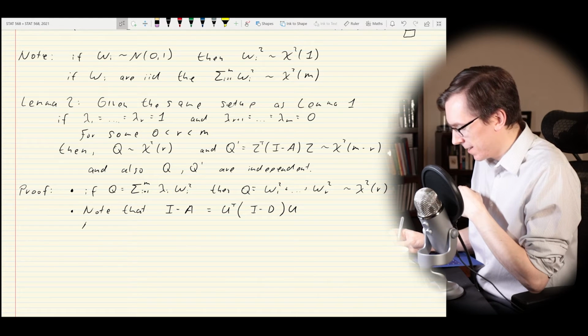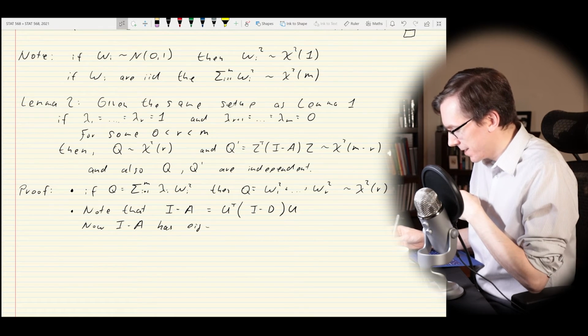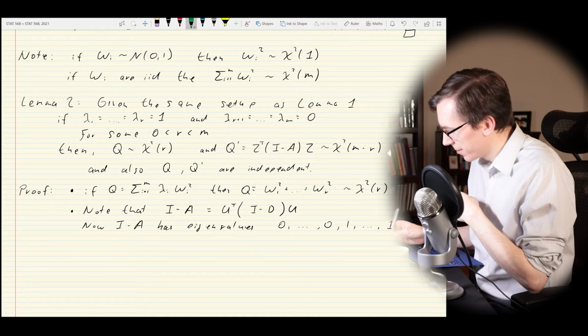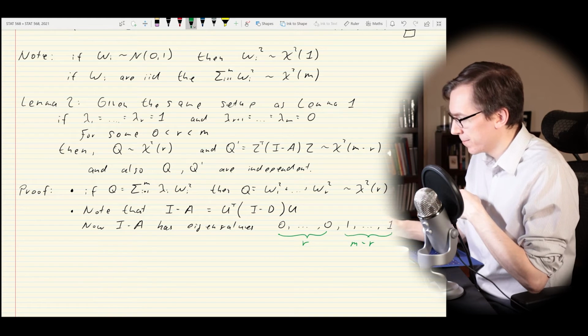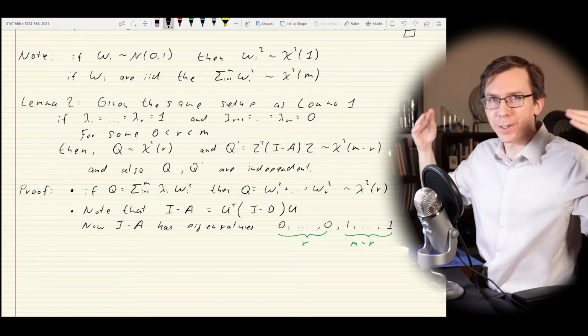I mean, it's mathematically not too interesting, but it's kind of neat, I think, when you just look at it. Regardless, now, I minus A has eigenvalues that are going to be 0 and then 1s, where the 0s are for the first R, and the 1s are going to be for the subsequent M minus R. So if you see where we're going here, we basically just flipped the 1s and the 0s from the first part.